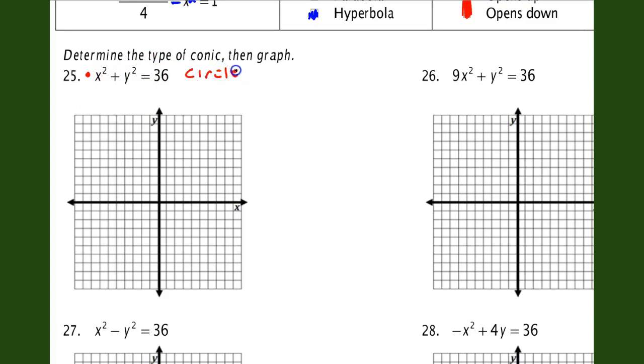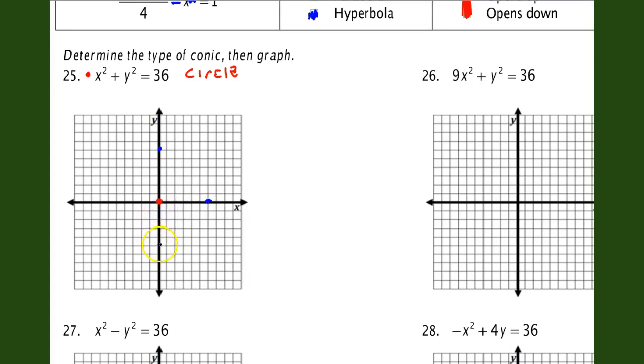As a circle. There we go. And we have a center of 0, 0. There's no pluses or minuses with the x and the y. And we have a radius of 6: 1, 2, 3, 4, 5, 6 in each direction.